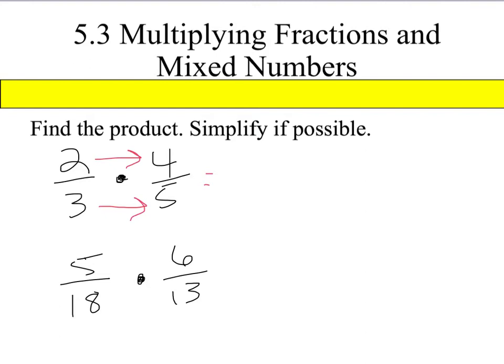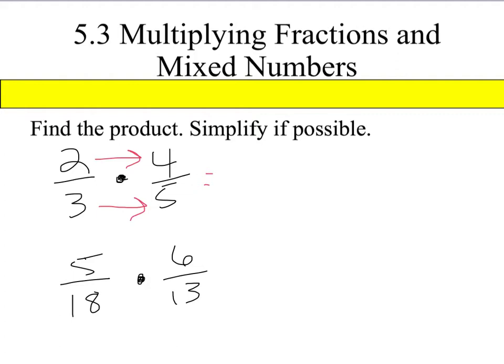So I'm looking at 2/3 times 4/5. Does 2 have a common factor with either 3 or 5? No, it does not. So I move on to my next numerator. Does 4 have a common factor with 3 or 5? They do not either.